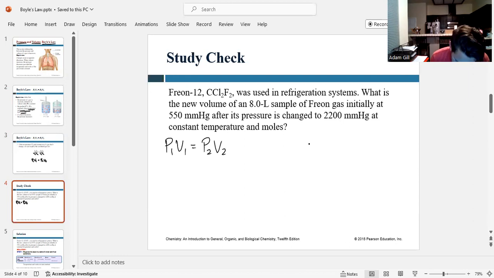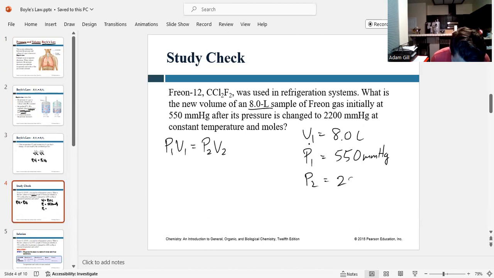They give us an initial volume of 8 liters. They give us an initial pressure of 550 millimeters of mercury. And they give us a final pressure of 2200 millimeters of mercury. And they are asking us to find the final volume.